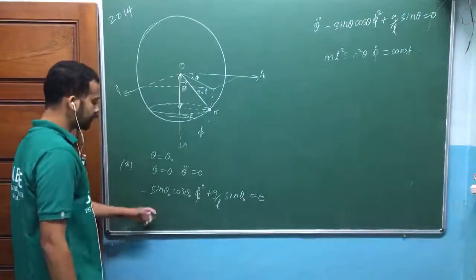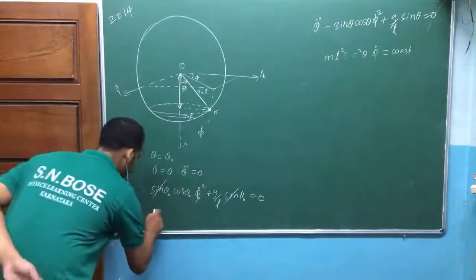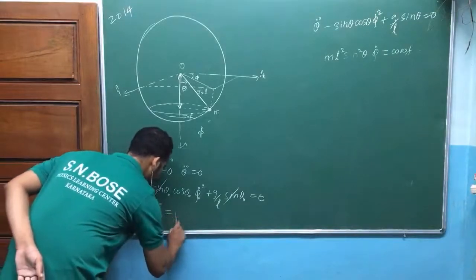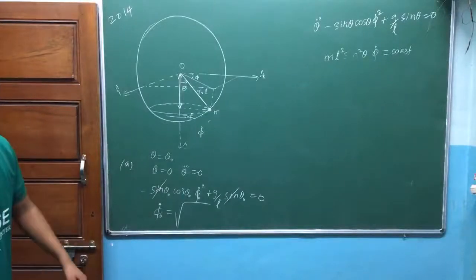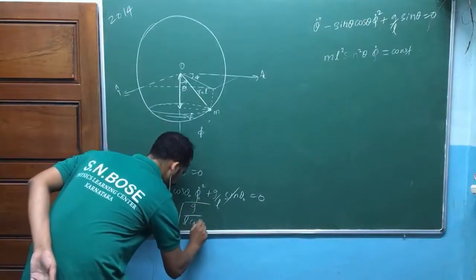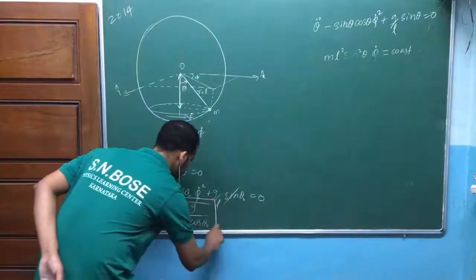I have just substituted this condition here. I can cancel out this one. I can write phi naught dot is equal to root of g by L cos theta naught. I am going to make use of this equation later. I need this one.